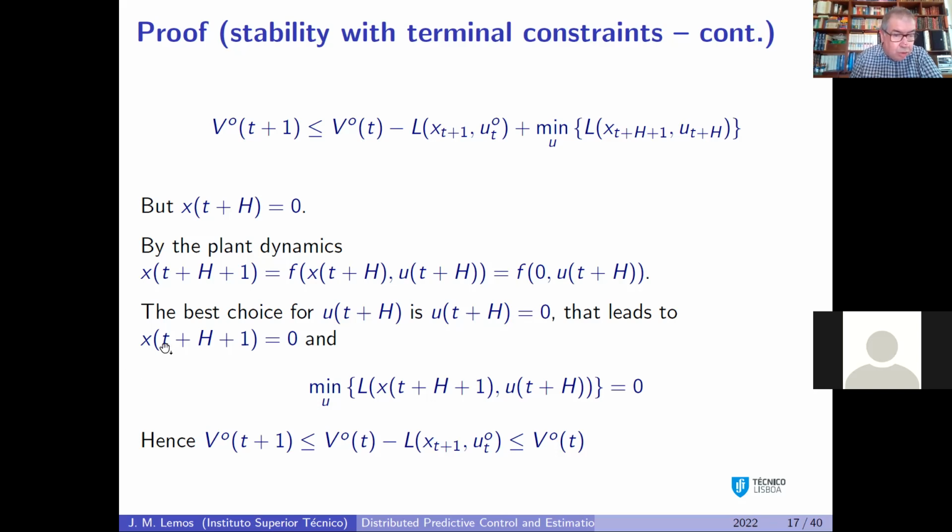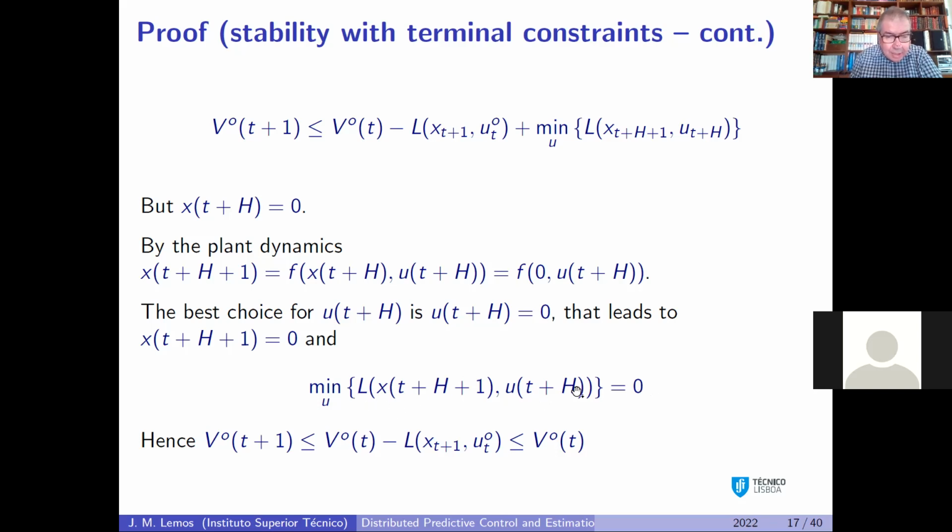Okay, this will lead to x of t plus h plus 1 equal to 0. So this is the minimum value of that term. Any other choice would give an equal or, if by chance you get another x, which would be 0, but L would be bigger.